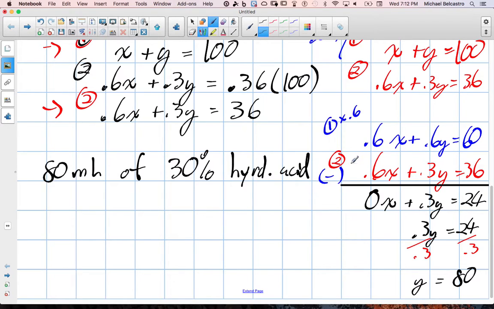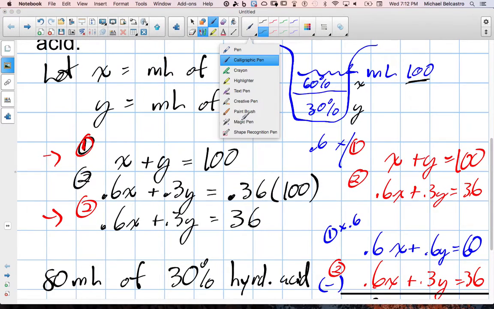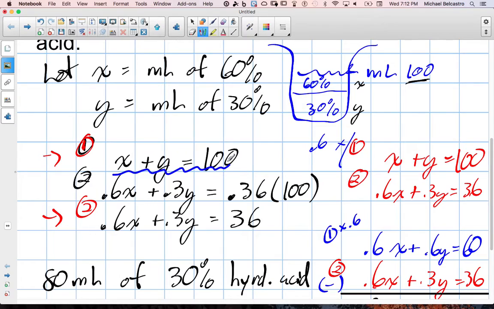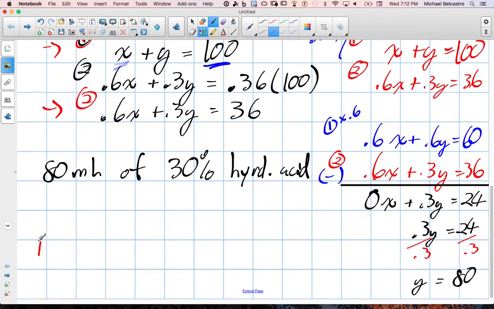But we're not finished. We need to know x. Now, I could do the exact same thing, or because this equation 1 is so very simple, if I just plug in my value of 80 here, what is x going to be? 80 plus what is going to equal 100? So we plug it in to find out. Okay, so I'm going to take equation 1. I'll do it below so we can write our answer here. Equation 1 was x plus y equals 100.